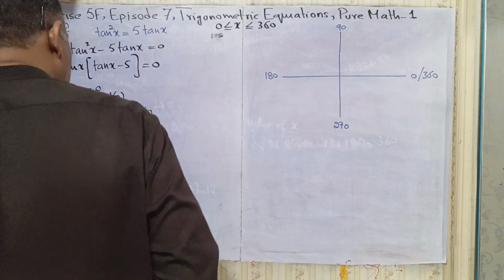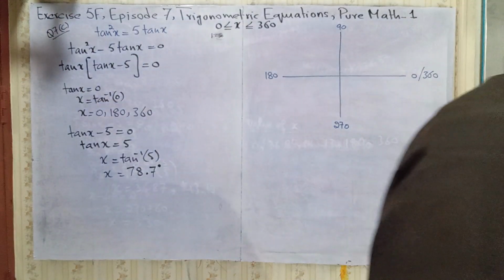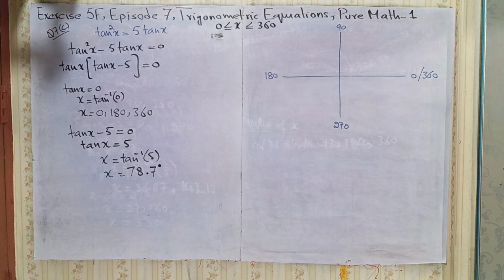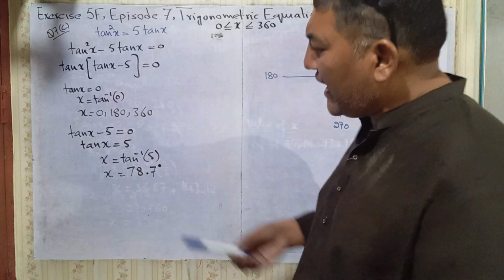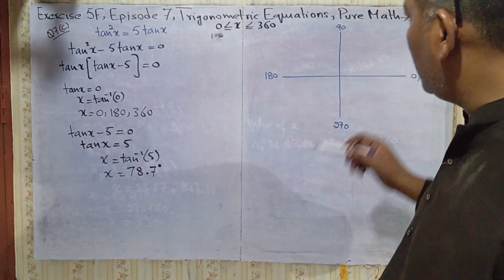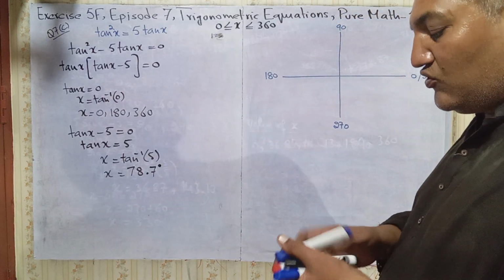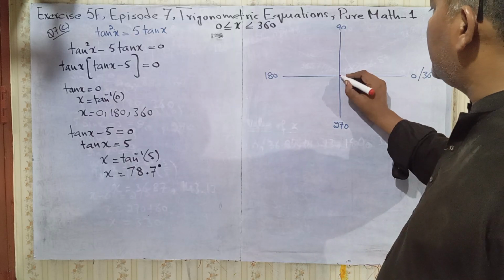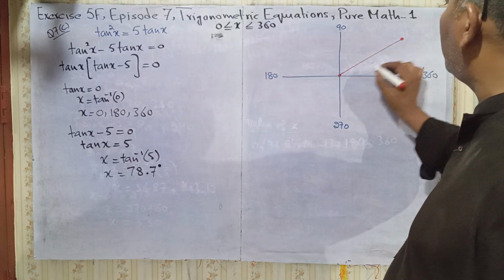78.7 degrees. Let me check again from the calculator. It is 78.6900. So this is the angle. This is an acute angle, so this is the base angle. You know, the tan here is positive. So the tan is positive at two places. In the first quadrant, the tan is positive.